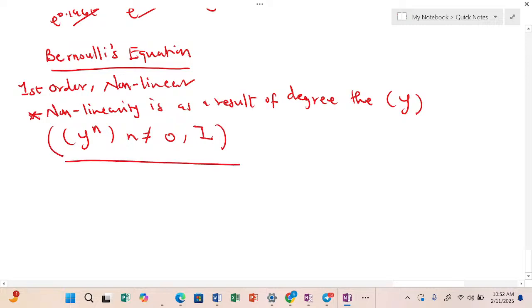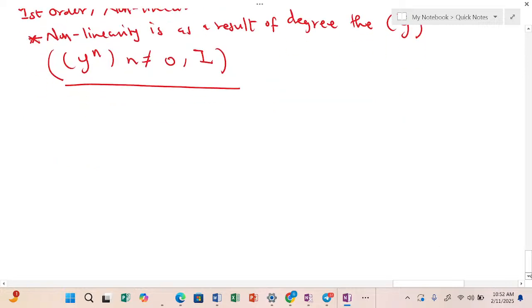So any time that we have a differential equation that is of first order but not linear, and the non-linearity is as a result of the degree of the y, then that is a Bernoulli equation.